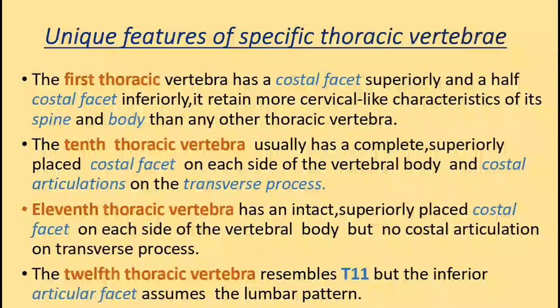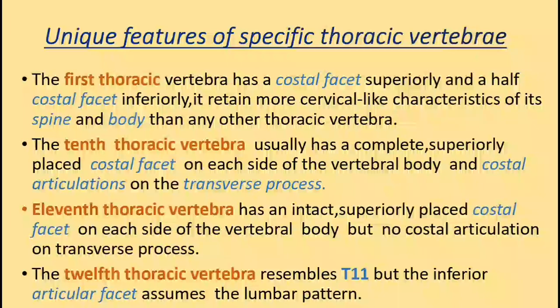Unique features of specific thoracic vertebrae. The first thoracic vertebra has a costal facet superiorly and a half costal facet inferiorly. It retains more cervical-like characteristics of its spine and body than any other thoracic vertebra. Then the 10th thoracic vertebra usually has a complete superiorly placed costal facet on each side of the vertebral body and costal articulation on the transverse process.